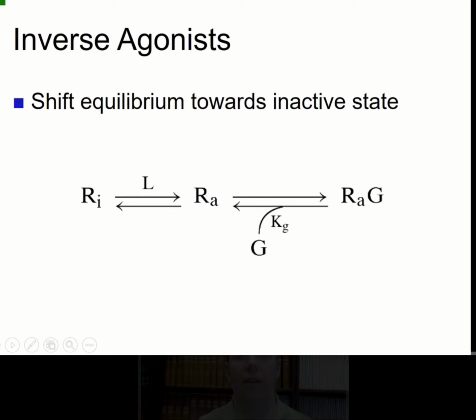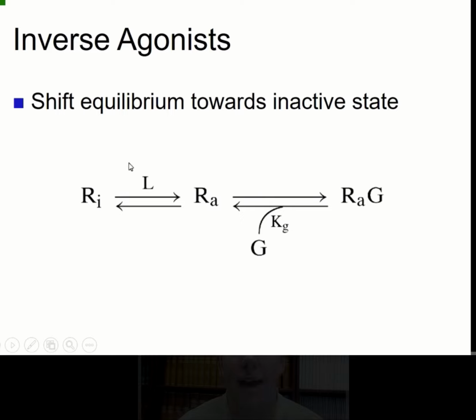So here we have our G protein coupled receptor. Inverse agonists are not specific to G protein coupled receptors though. So here we have our inactive receptor, which can spontaneously form an active receptor, which can then bind a G protein and cause response. If we added an inverse agonist here, it would shift the equilibria to the left. I'm trying to think, on your screen, that's probably to the right, isn't it? We're going to shift this way, to the left on the slide.